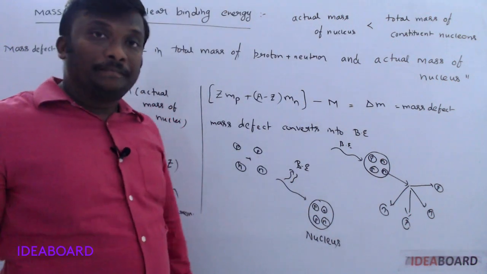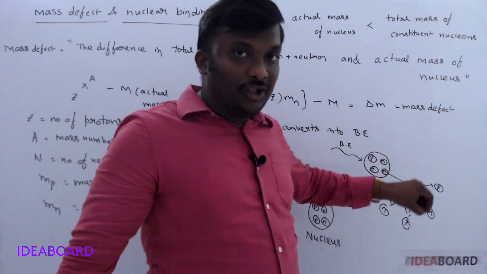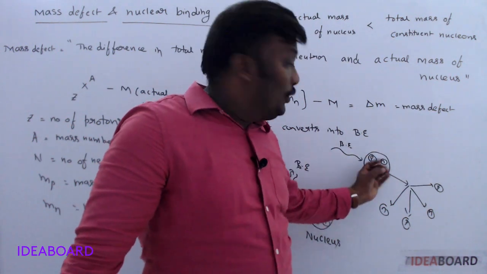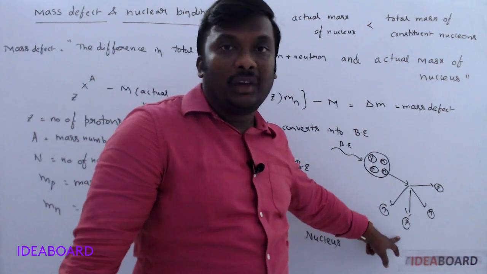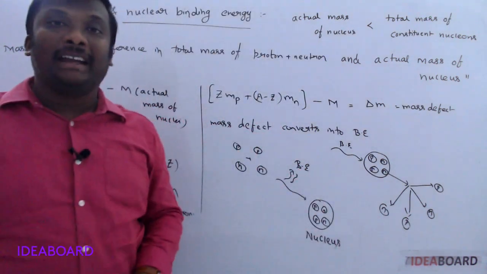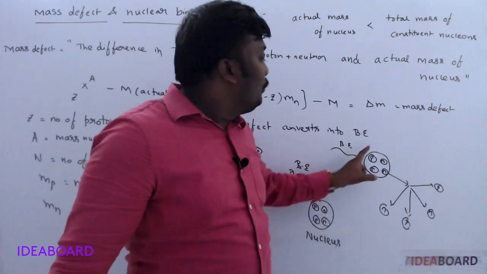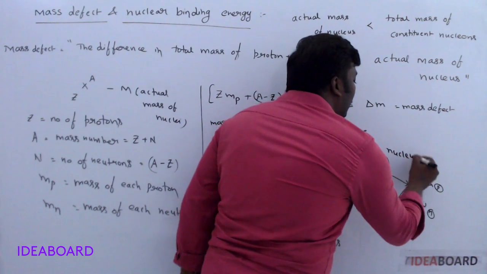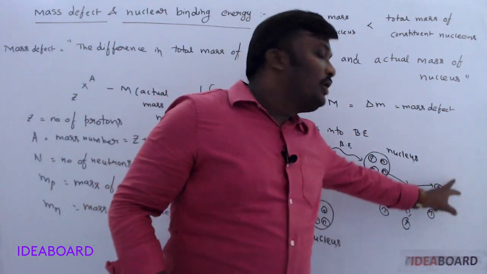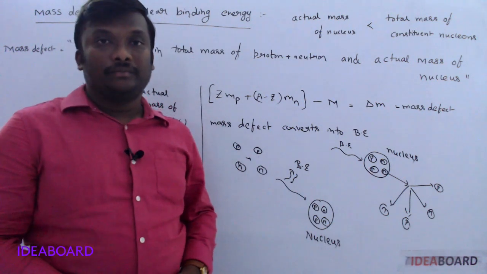So here this binding energy is utilized to split the nucleus into constituent nucleons. So we have another definition for the binding energy: the minimum energy required to split the stable nucleus into constituent nucleons is also named as binding energy.